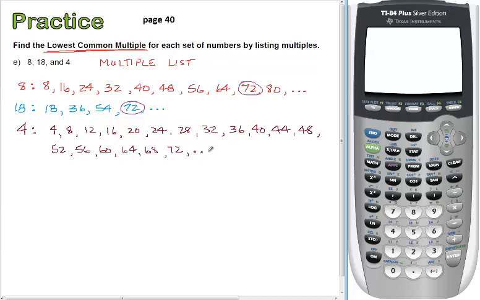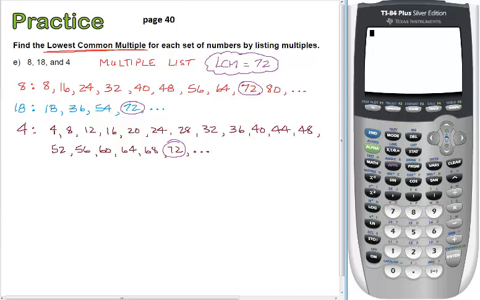Now we didn't have to do that. We just had to check and see if 4 went into it. However, just to show you that the complete list is there, and 72 is the lowest of all, the first one, it's common to all three. So the lowest common multiple, LCM, for these three numbers is 72. So there's your answer right there.